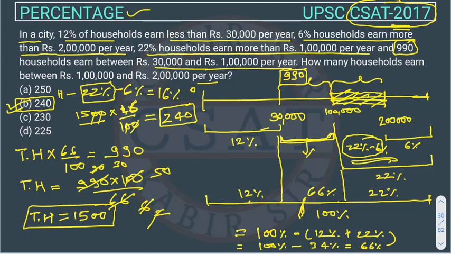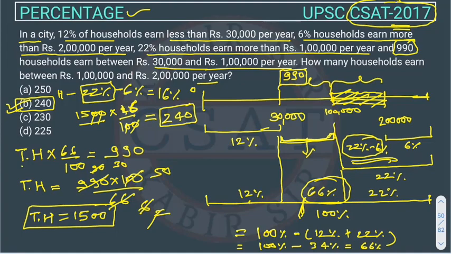So see, I am again explaining to you. We know in percentage terms that 12% are earning less than 30,000, right? And we also know that 22% of households are earning more than 1 lakh. So from here we can calculate that there are 66% of households earning between 30,000 and 1 lakh, right?